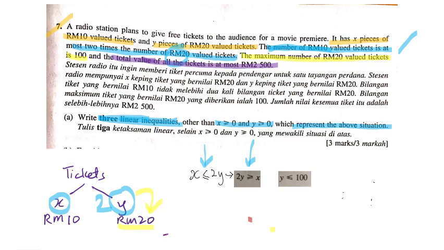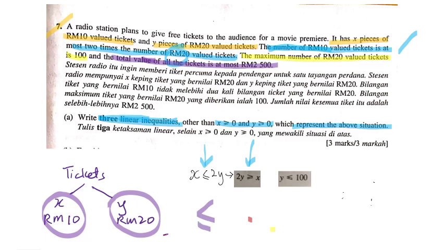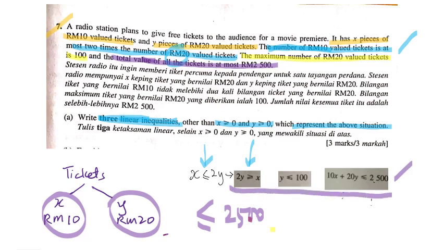So you total this one, total 10x plus 20y, at most, that means less or equal to 2,500. So you can write like this. Okay, I hope you get all the 3 linear inequalities here.